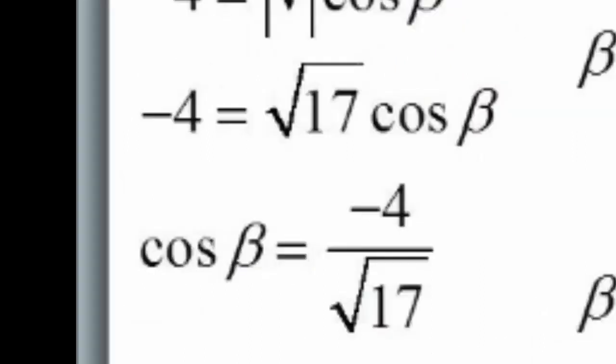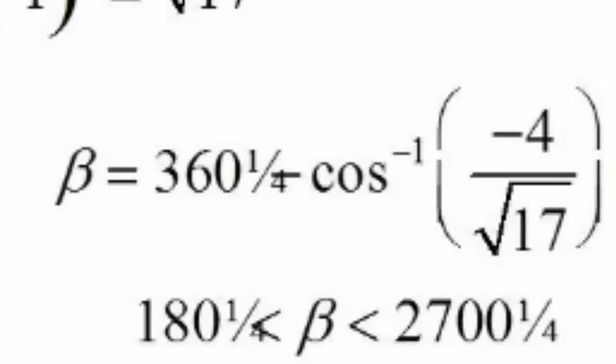So negative 4 equals the square root of 17 cosine beta. Solving for cosine beta, we get cosine beta equals negative 4 divided by the square root of 17. I'm going to do it a little differently than they show here in the slide. If you follow along with your calculator, we want the arc cosine.